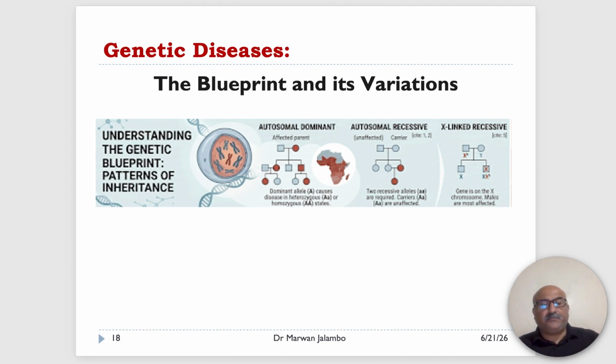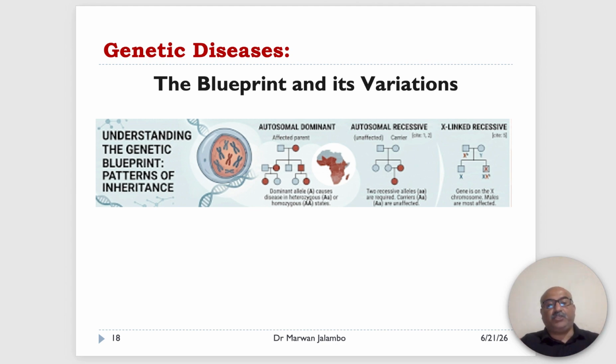In this section, we will shift our focus to genetic diseases, understanding how the blueprint of life functions and what happens when there are variations or errors in that code.